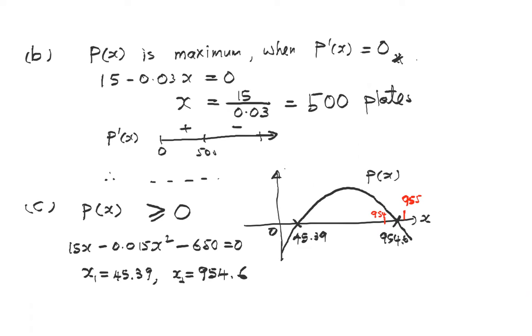That's why I want to sketch the graph and let you have a look. And for the lower, here is your 45. Here is your 46. So you tell me, for the lower, should you round up or round down? In this case, round up. So therefore, conclusion, your x must be between 46 and 954 plates. You see or not?